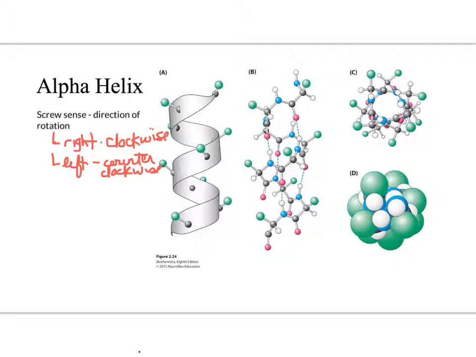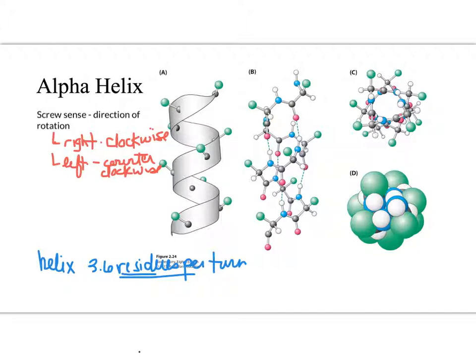Now when we're looking at the general structure of the alpha helix, we have 3.6 residues per turn. When we're saying residue, what we're talking about is the amino acid that's present there.